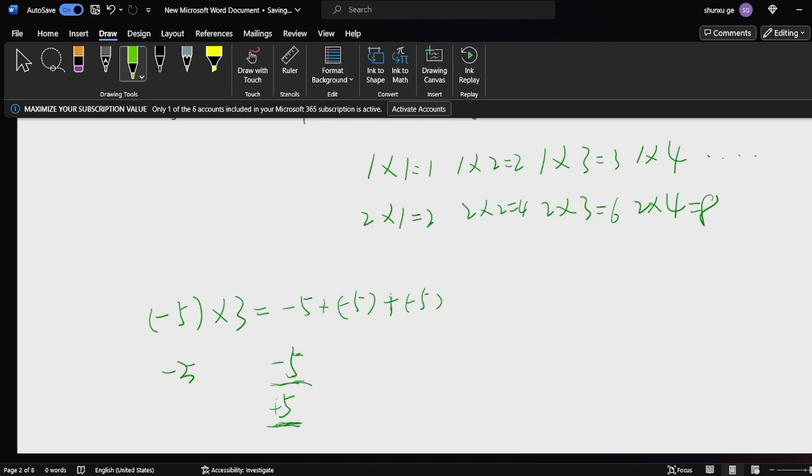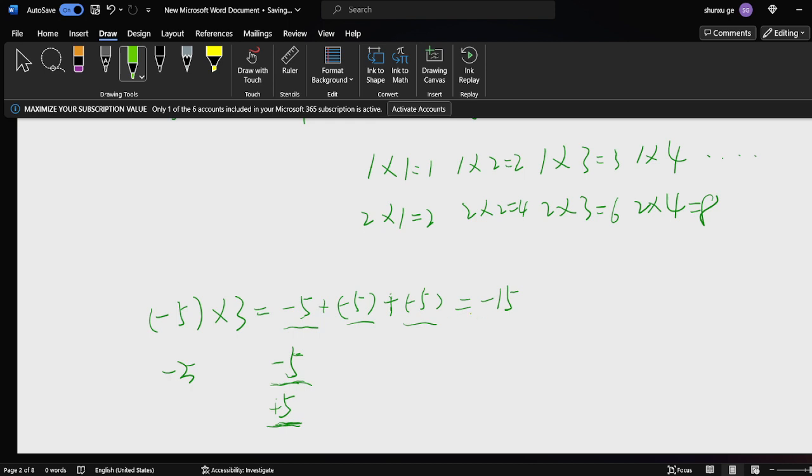That means you spend $5, you use credit to buy something. The first day you spend $5, the second day also $5. That $5 means you use the credit card, but it's your debt. In total, for 3 days, how much money do you spend? So it's -15. Okay, it's the total.